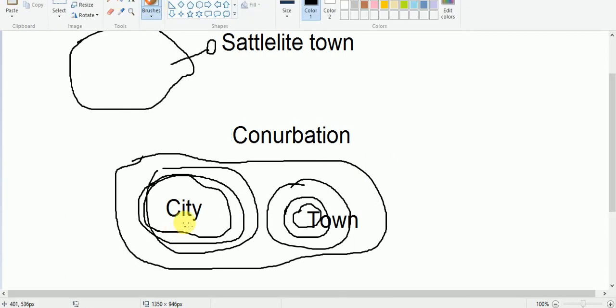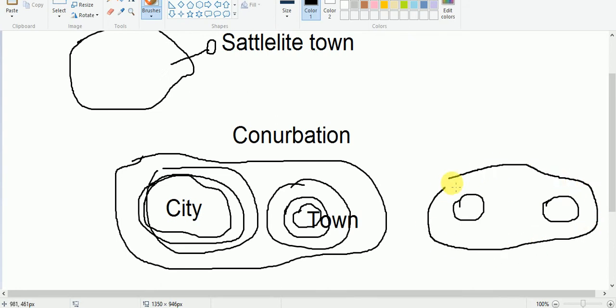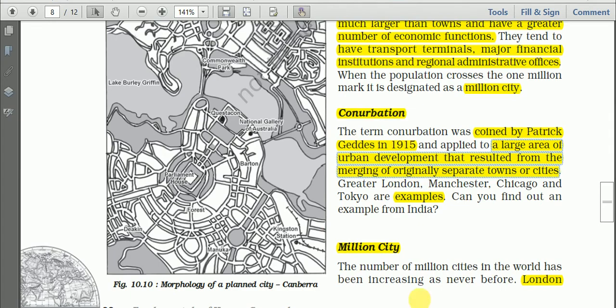So here a city and a town are merging together. In other cases two towns may also merge together. So this is a town and this is another town, and these two towns will grow and may merge together, and this is also a conurbation.